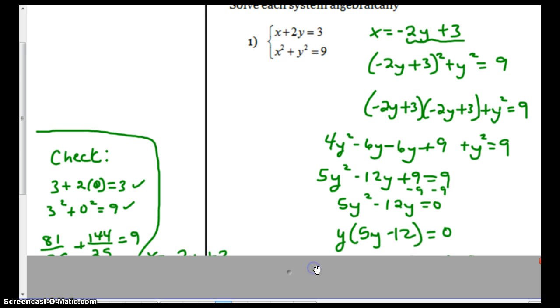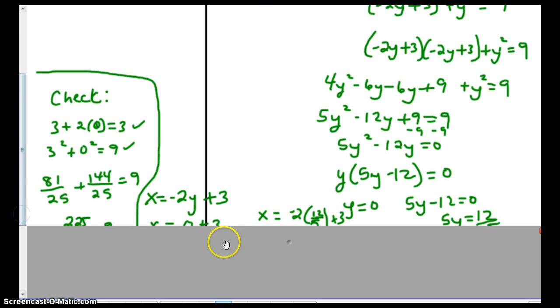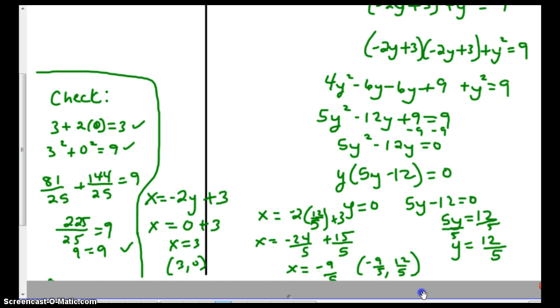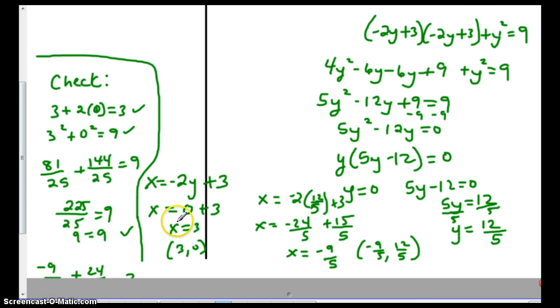Then we factor to solve for y, and the greatest common factor is y, so we factor that out. Now we have two factors that we set equal to 0 to solve for y: y is equal to 0, and then 5y minus 12 is equal to 0. So we end up solving for y as 12/5. Then we have to substitute them back in to solve for x.